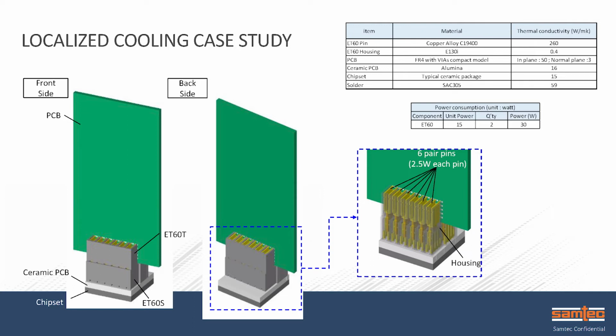This is the same ET60 series that we heard about earlier in immersion cooling. This is where Samtec and the simulation team looked at different architectures of applying localized cooling. We looked at the same ET60 connector, fully powered, trying to push 15 amps per contact over the entire assembly.